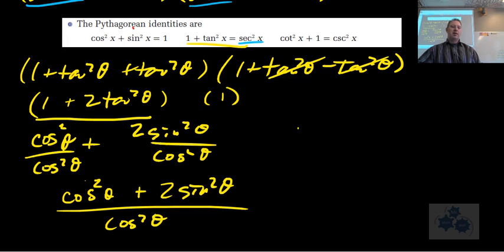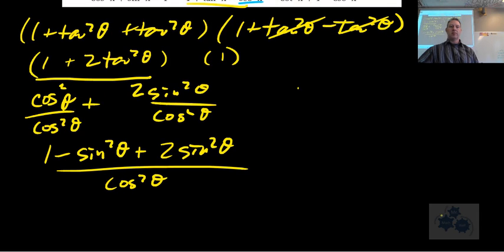Are we seeing any identities pop out here? Well, we've got a sine squared and a cos squared. You add those up, that equals 1, but there's a 2 here, so that one doesn't work. But I wonder if we changed cos squared to 1 minus sine squared, I wonder what that would do. 1 minus sine squared theta. Well, that's getting somewhere.